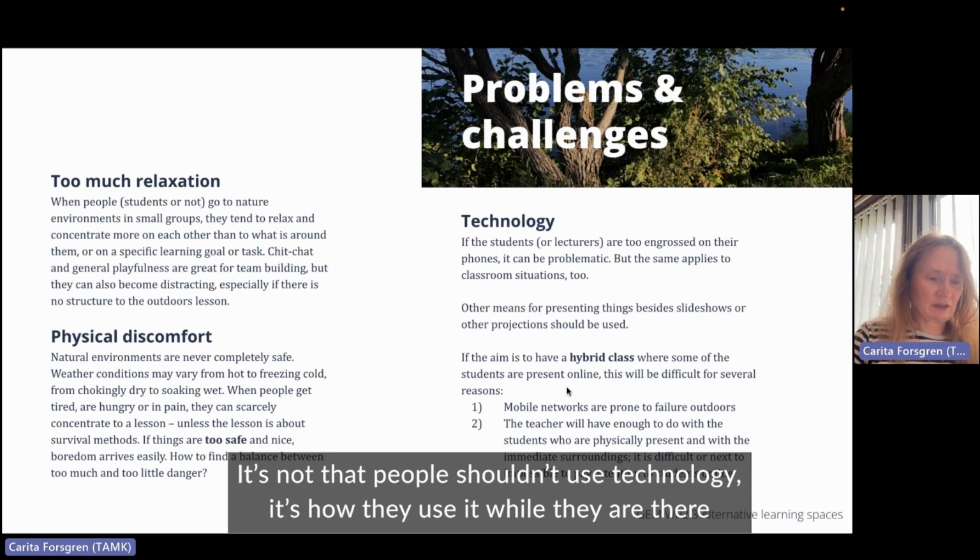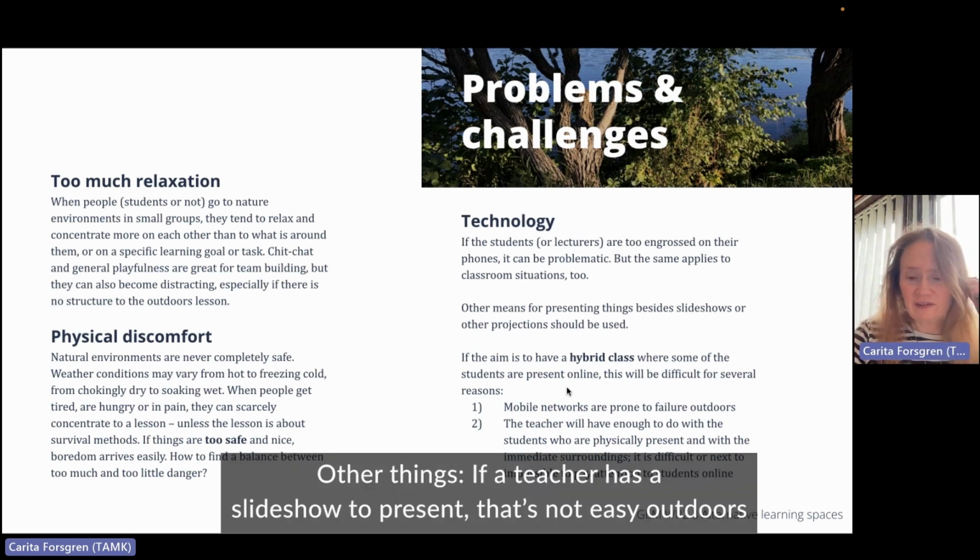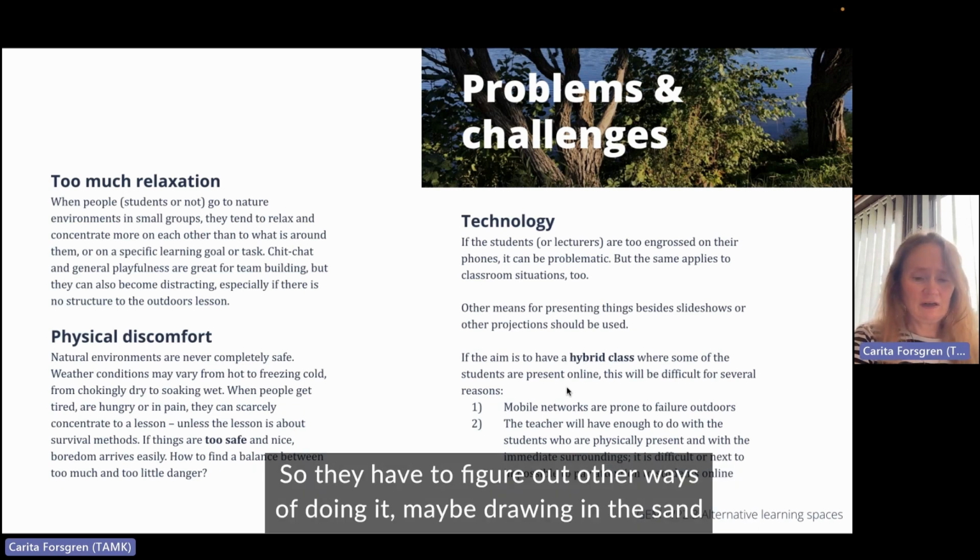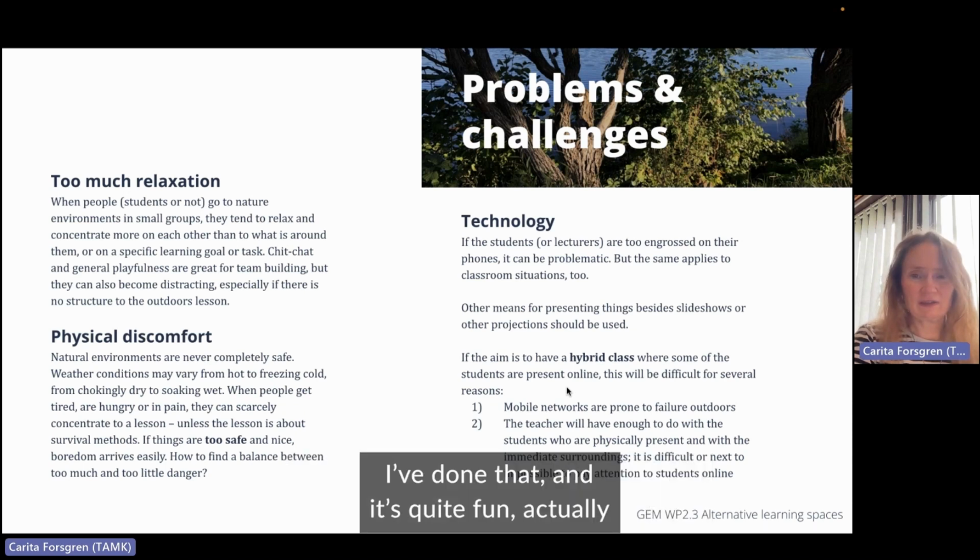So it's not that people shouldn't use technology, it's how they should use it while they are there. Other things, if a teacher has a slideshow to present, well, that's not that easy outdoors, so they have to figure out other ways of doing it, maybe drawing in the sand. I've done that, and it's quite fun, actually.